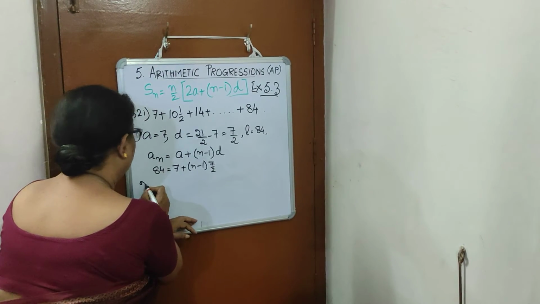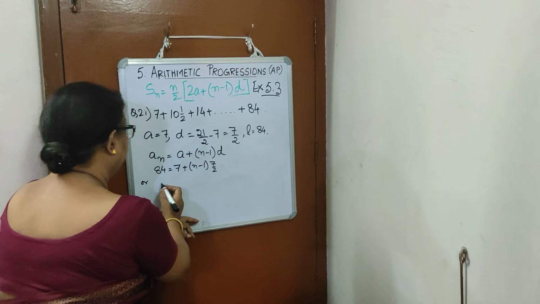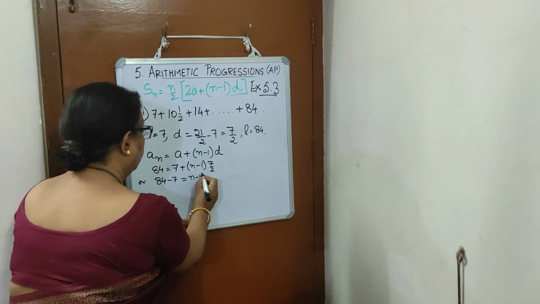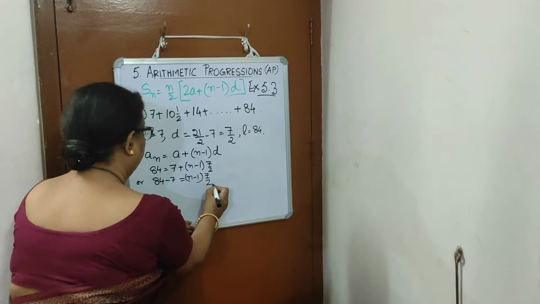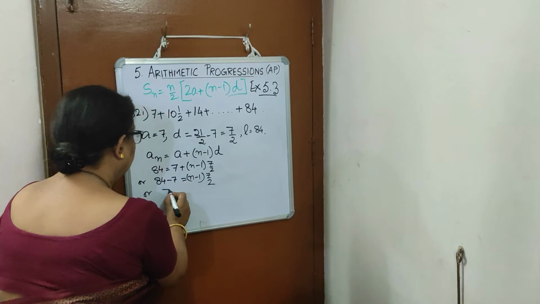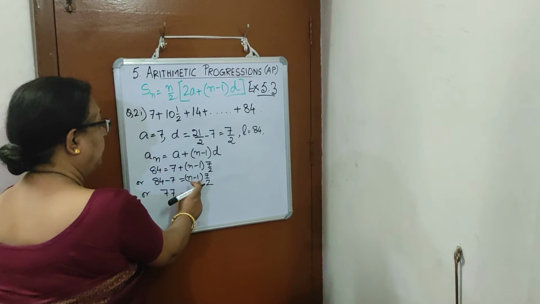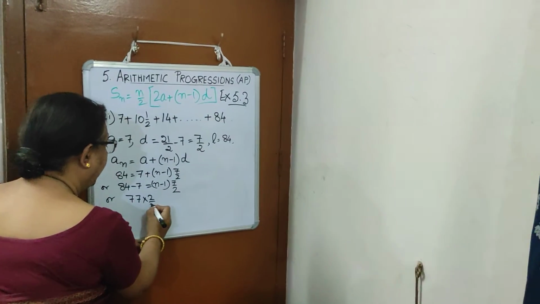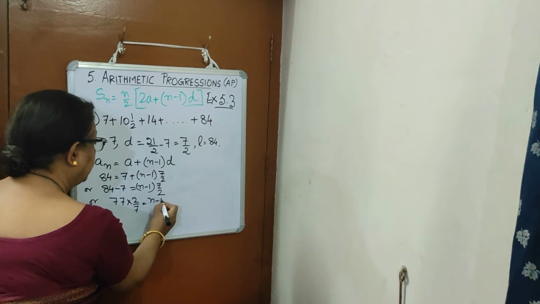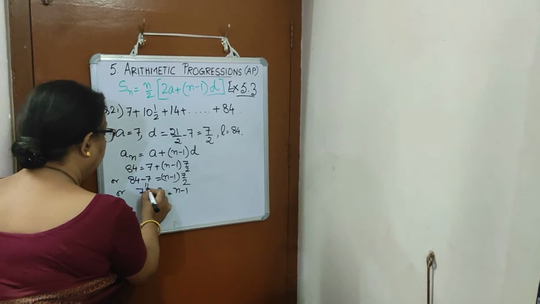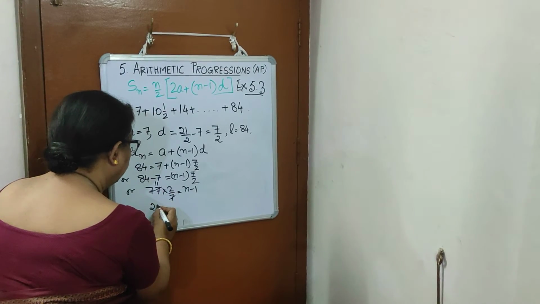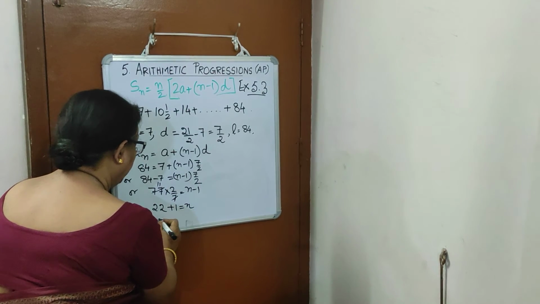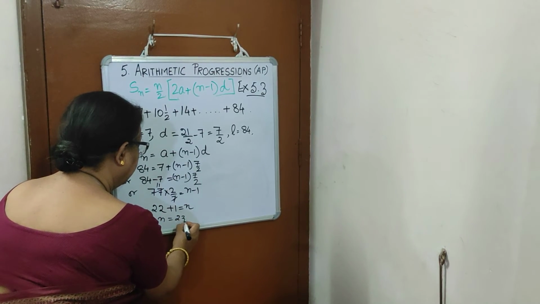Or bring 7 here, 84 minus 7 is 77, multiplied by 2 by 7, it becomes equal to n minus 1. You can cancel it. 11, 11 into 2, 22, minus 1 here becomes plus 1. So you have n equal to 23.